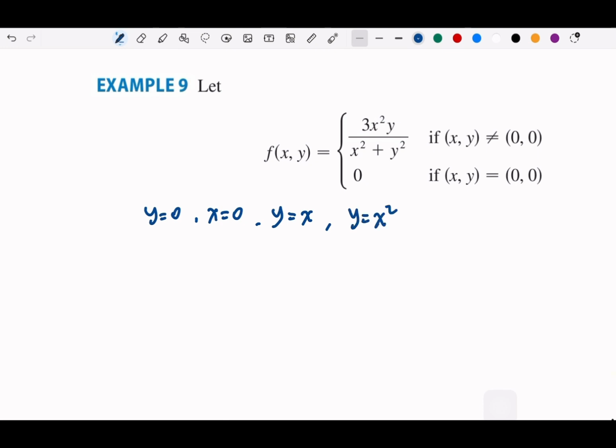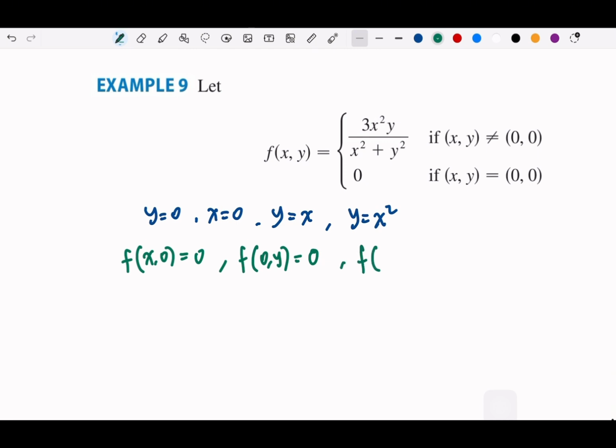I will not write it completely, but just by substituting, maybe try y equals 0, you will see it's 0. Then f of x, 0 will be 0, and f of 0, y is also 0.